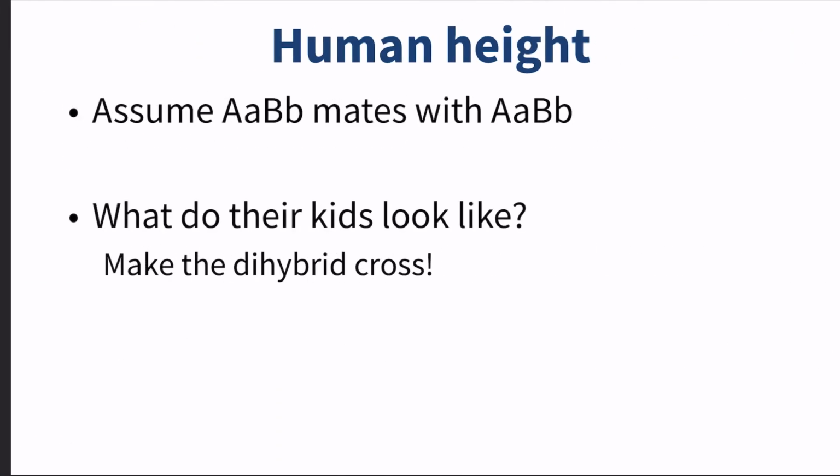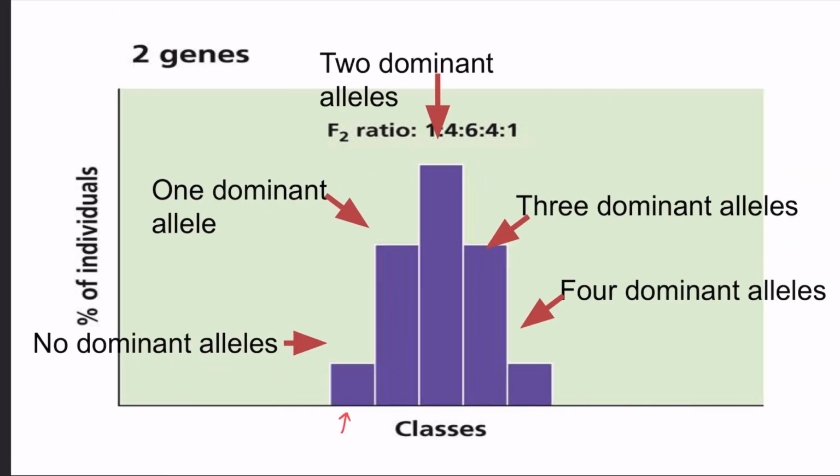So assume big A, little a, big B, little b mates with another person who is big A, little a, big B, little b. What would their kids look like? And you have to make a dihybrid cross here. There is no linkage. And what you would see is this sort of graph. The possibility of having no dominant alleles is less frequent.